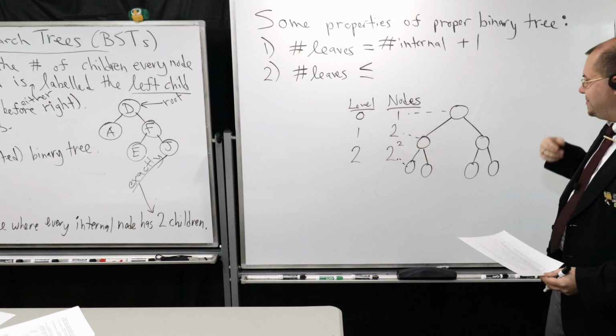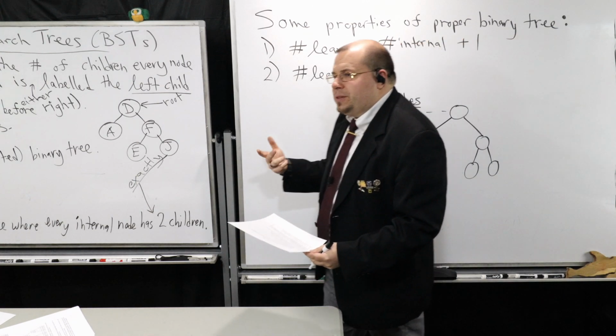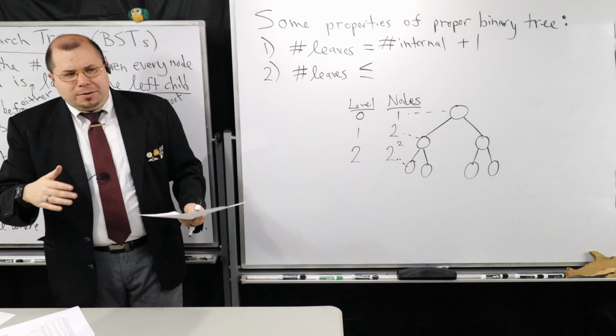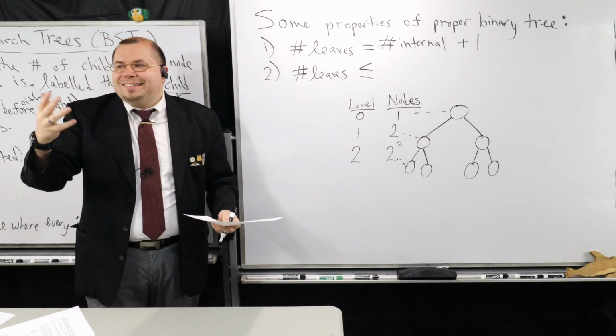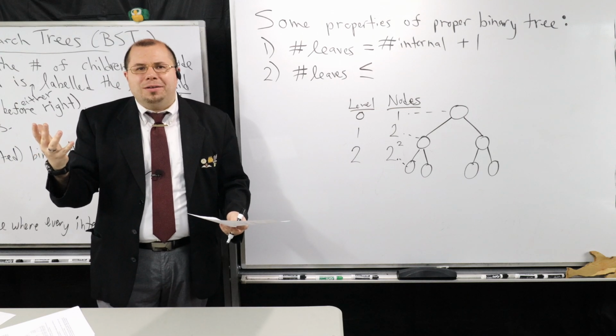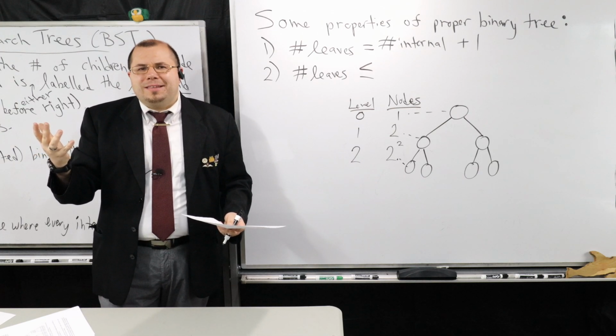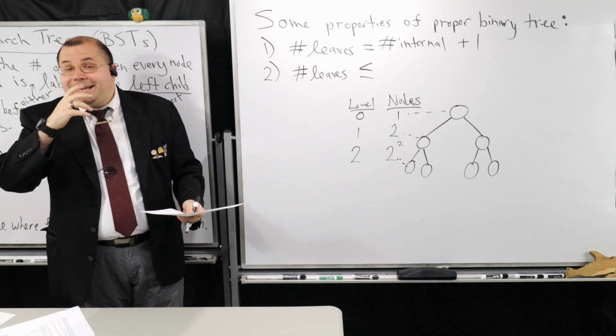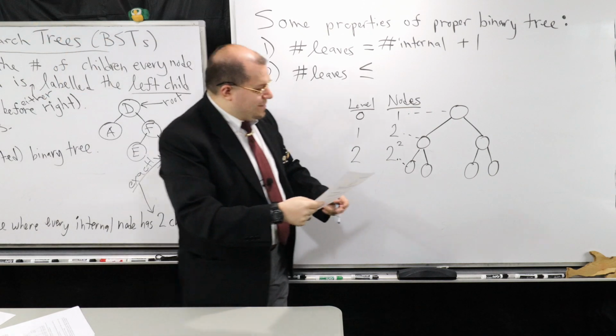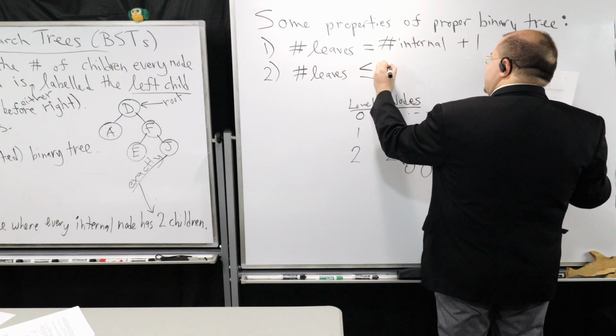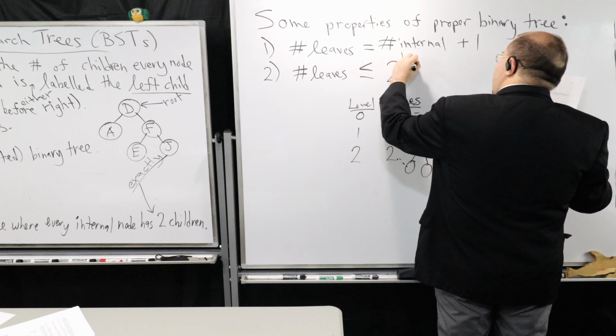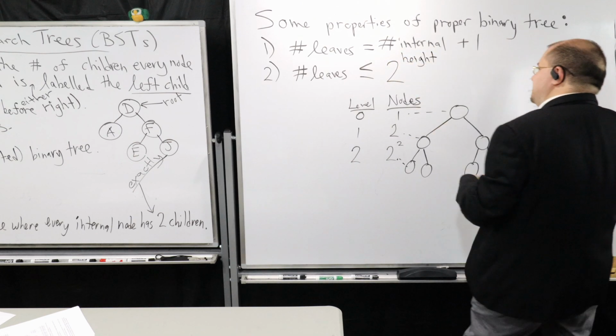But we have a name for this. When we try to find the highest level in the tree, what do we call that? It's the height, exactly. So what you can say about the leaves is that their number can never be more than 2 to the power of the height of the tree.